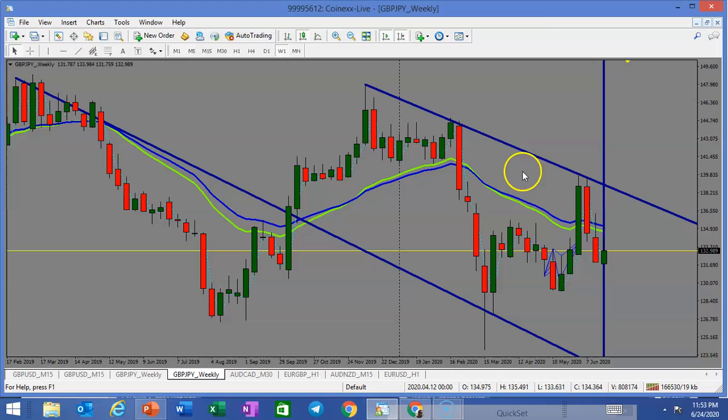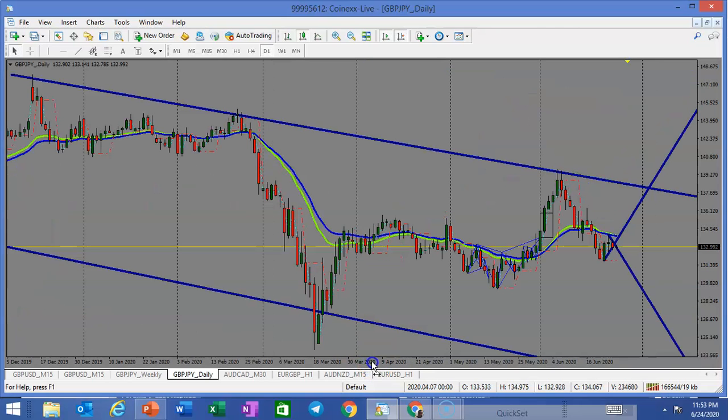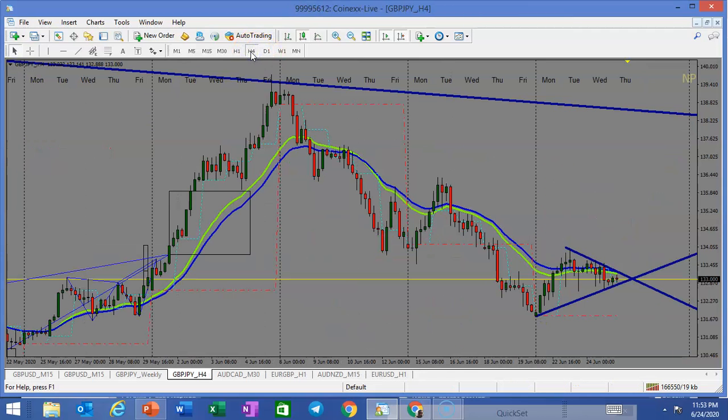We review our trend lines, our resistance and support lines. Then we drill down to the daily. So it looks like we're still in a retracement. Going down to the 4 hour.